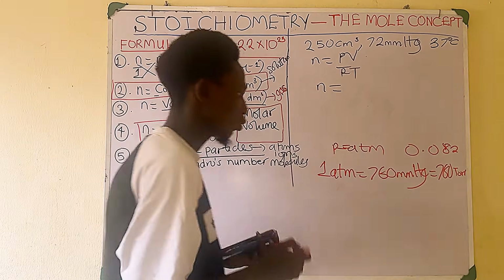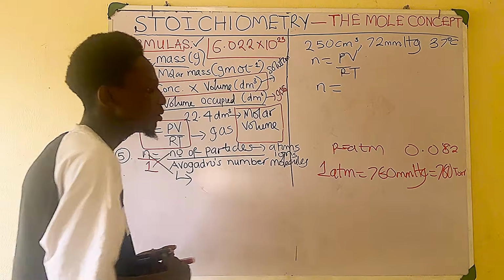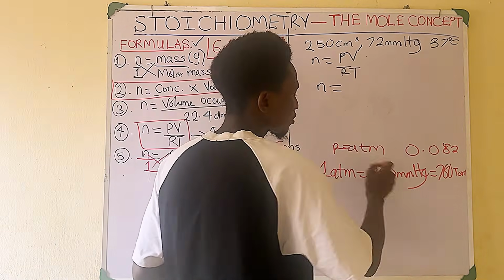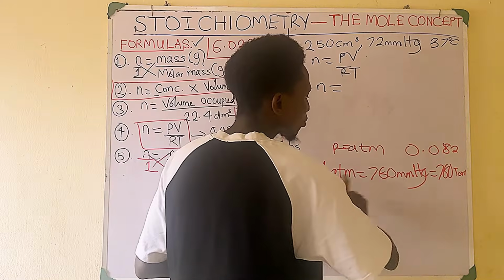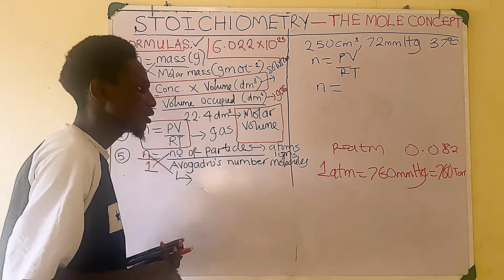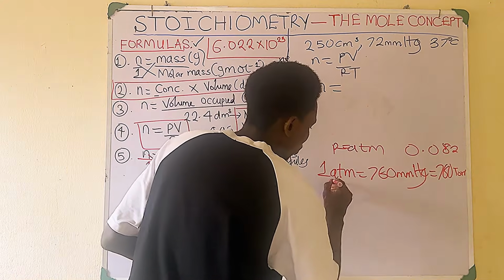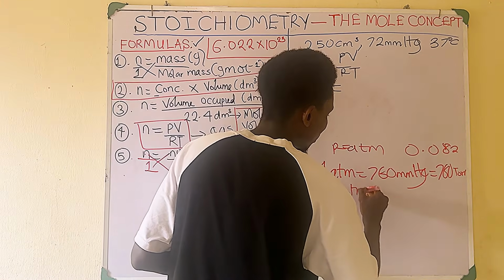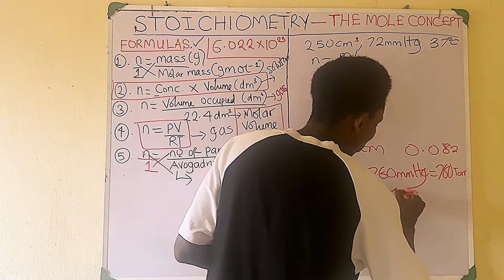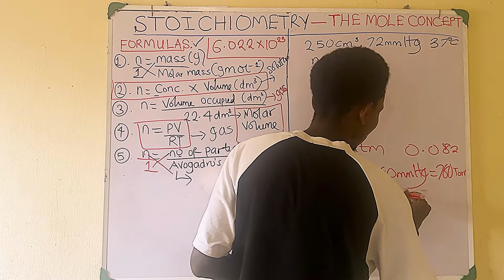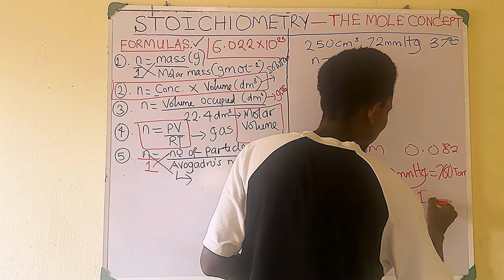Torr. So you must take note. Millimeter of mercury equals to torr. It means that if 1 atmosphere equals to 760 millimeter of mercury, it means that 1 atmosphere is also equal to 760 torr. Now, 1 atmosphere is equal to 1.01 bar.